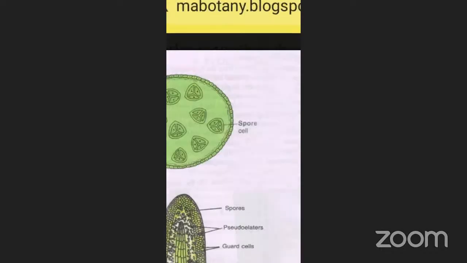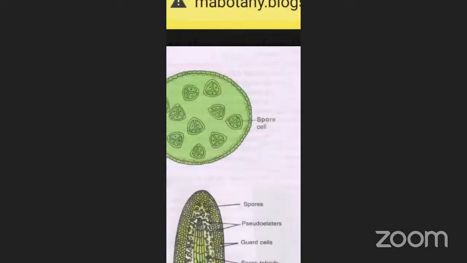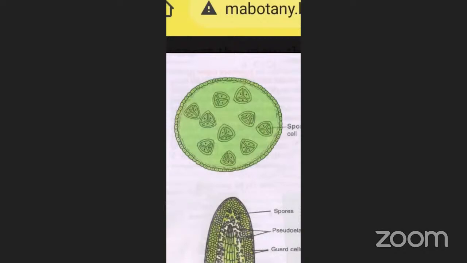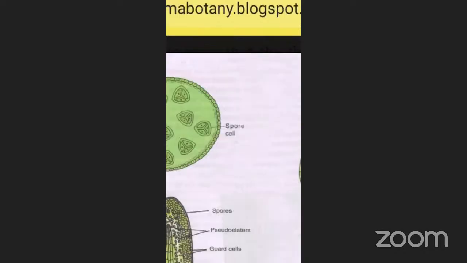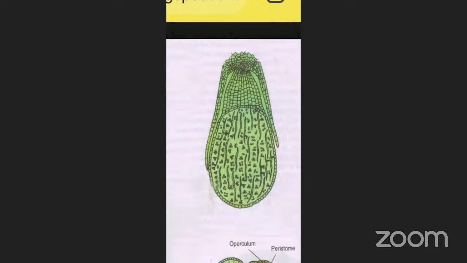The next one is Marchantia. Here there is no foot and seta in the previous one, only a spherical capsule. But in Marchantia, we see differentiation into foot, seta, and capsule, an elongated capsule. In Marchantia, the two-celled embryo divides at a right angle and a four-celled embryo is formed.